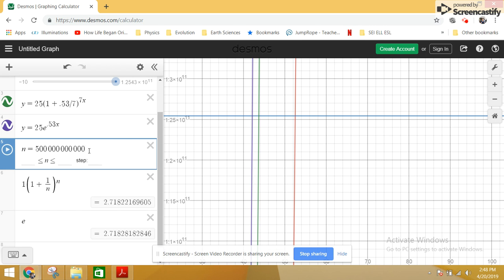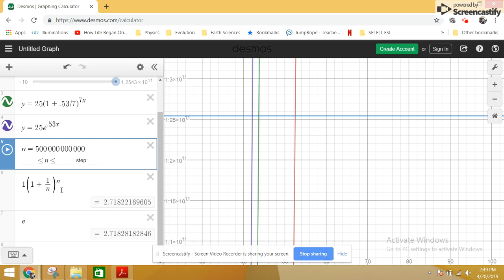But here I'm at 500 billion compounding events, which for all practical purposes may as well be infinite. I get 2.71822. The first 5 digits of Euler's number are evident to me. If I had a better calculation tool than Desmos, I could get even closer to Euler's number.